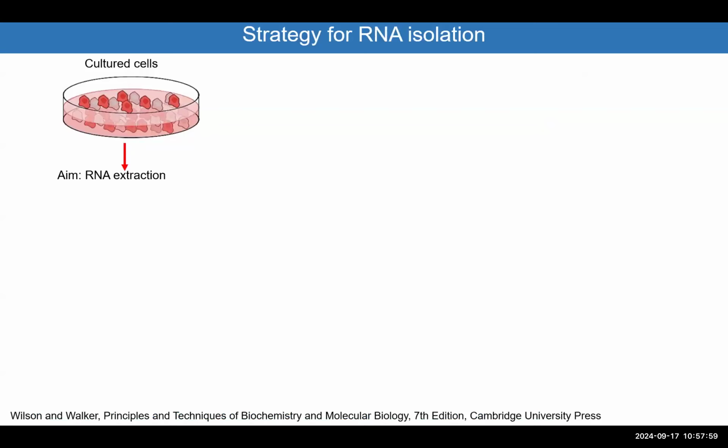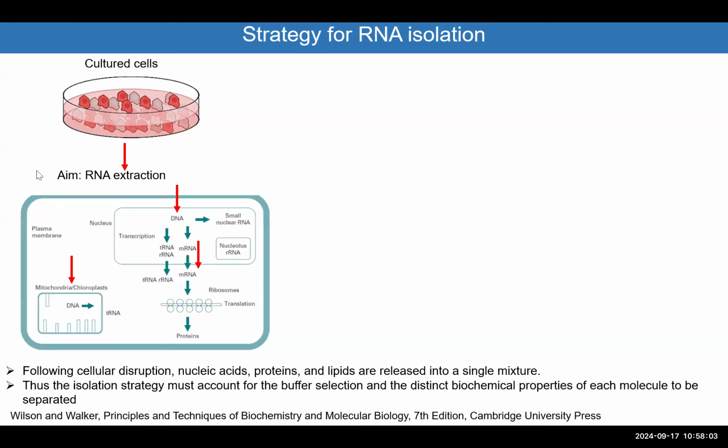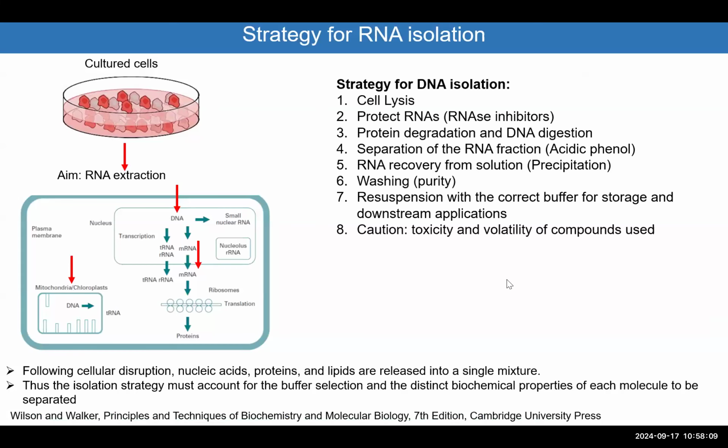Now, in case you want to isolate only RNA, you have to consider the same thing we explained in the first slide for DNA, but here the steps have to be a little bit different. In other words, you want to lyse the cells, yes, but then you have to be very careful about inhibiting RNases, because RNases are so stable, you know that.